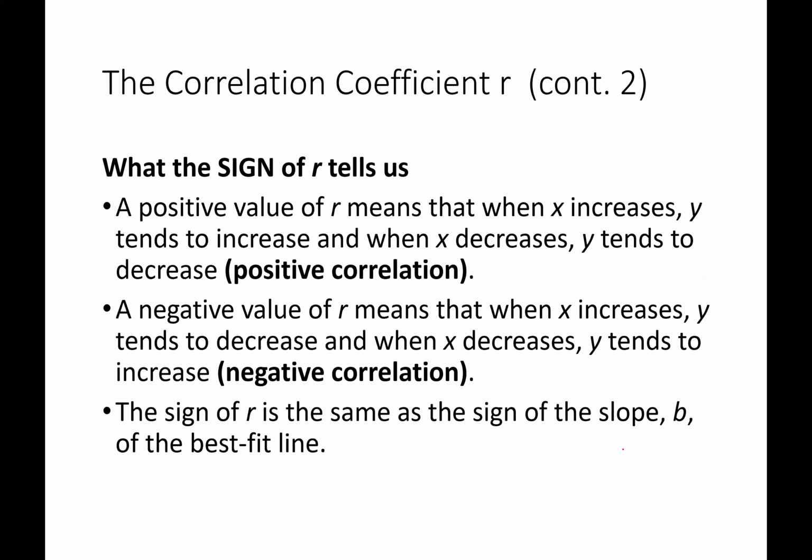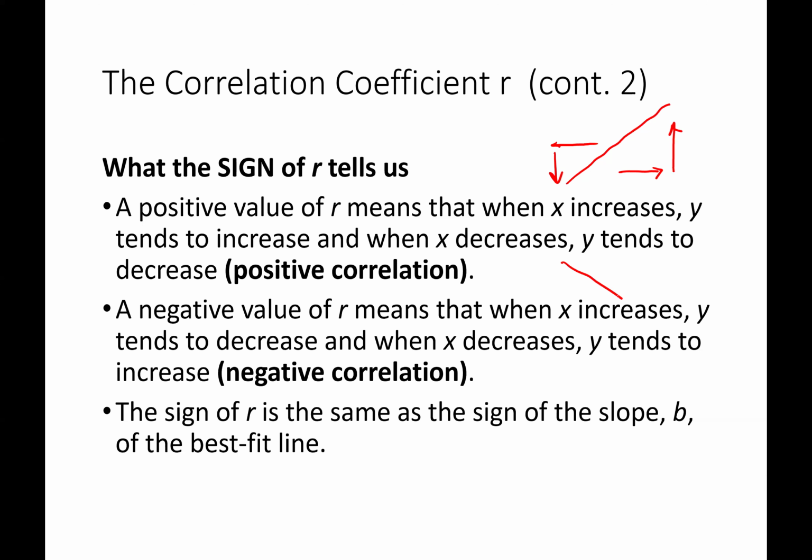A positive value of R means that when X increases, Y tends to increase. When X decreases, Y tends to decrease. That's a positive correlation. So as X gets bigger, so does Y, or as X gets smaller, so does Y. A negative value of R means that when X increases, Y tends to decrease.